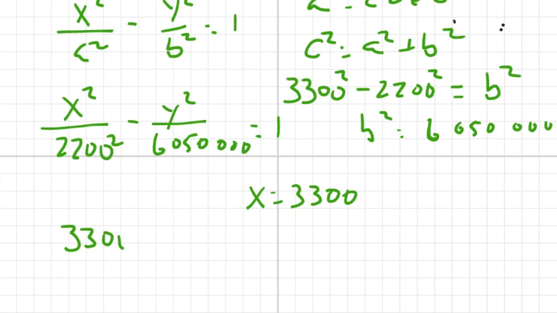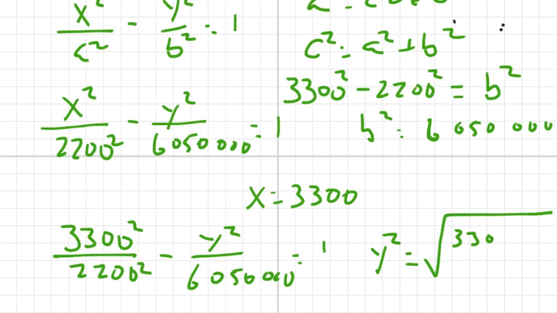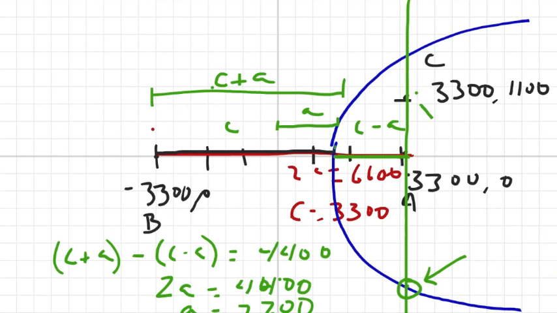So 3300 squared over 2200 squared minus y squared over 6,050,000 is equal to 1, which gives us y squared equal to the square root of (3300 squared over 2200 squared minus 1), times 6,050,000, and it turns out that y is minus 2750. So this point has the coordinates (3300, -2750), and that's the location of the explosion that we were looking for with this hyperbola.